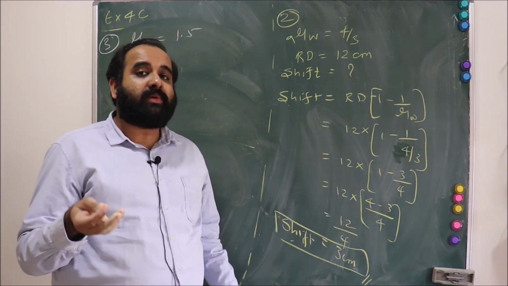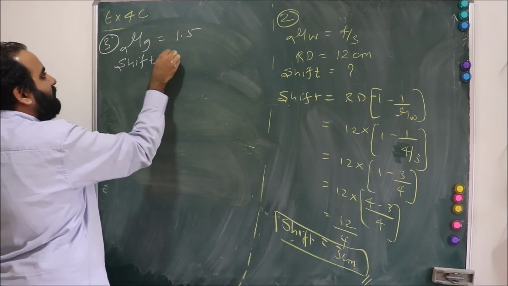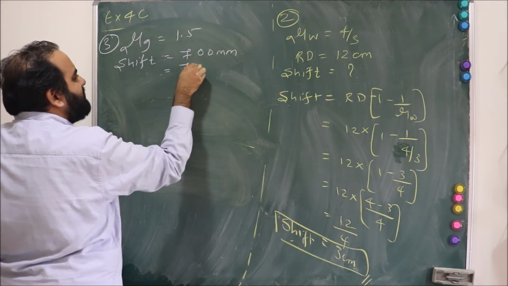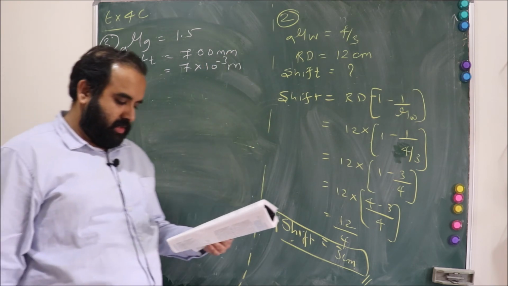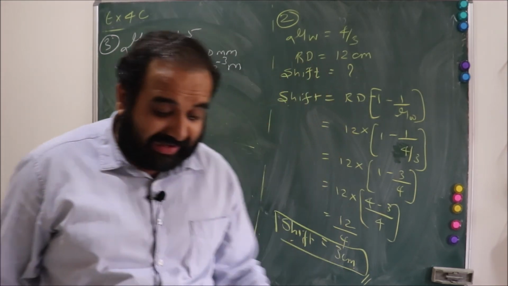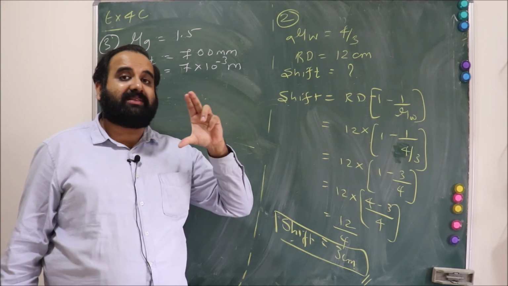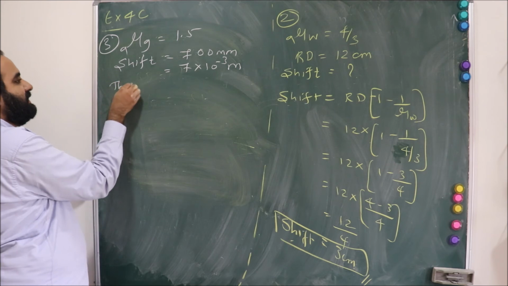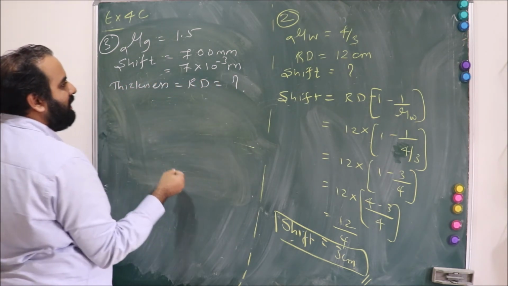Shift has been given to me, 7 mm. I will convert this into meter, 10 raised to minus 3 meter. Calculate the thickness of the glass block. So thickness means what? It will be nothing but the actual depth. So thickness is asked, which is nothing but real depth.